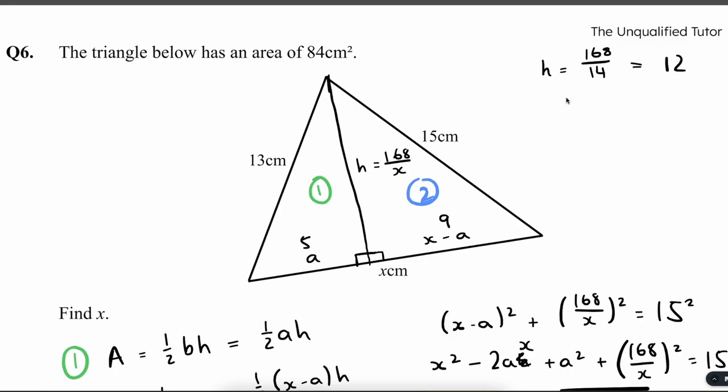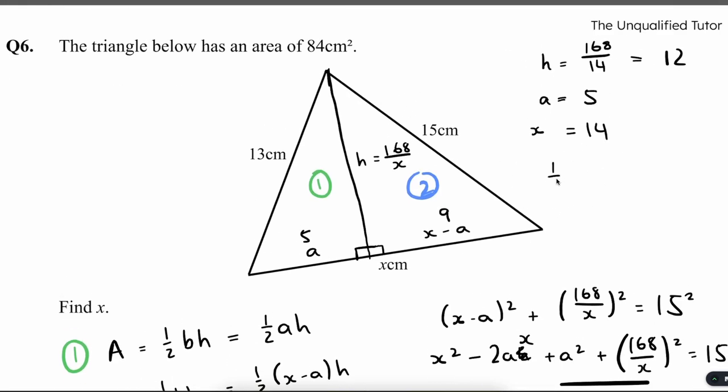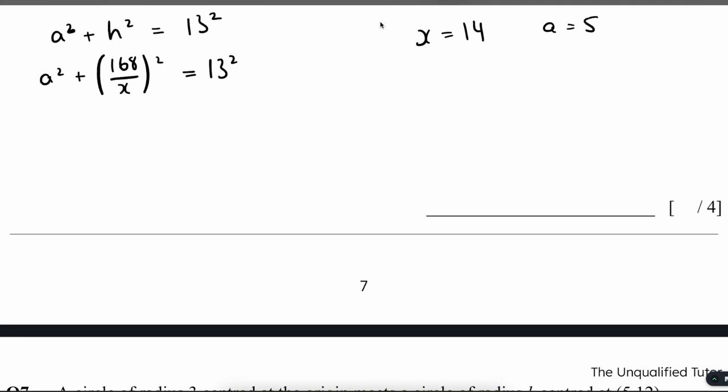H equals 12, a equals 5, and x minus a, or just x, equals 14. So to find the area of this triangle, it's a half base times vertical height, so a half x, which is 14, times vertical height, which is 12. That's 6 times 14, which is 60 plus 24, which is 84, which is what we got up here. So the answer is x equals 14.